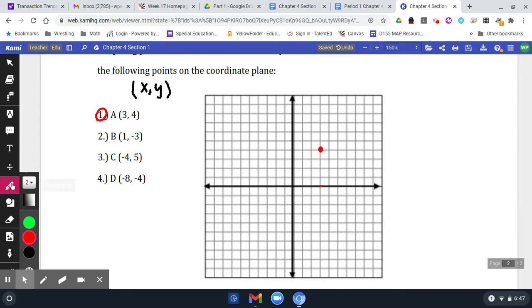And now I can go back and erase my first one. You should always have one dot for each pair of numbers. So number 2 is going to create a dot of its own. This time we're moving to the right one, because we always move right or left, and then up or down.